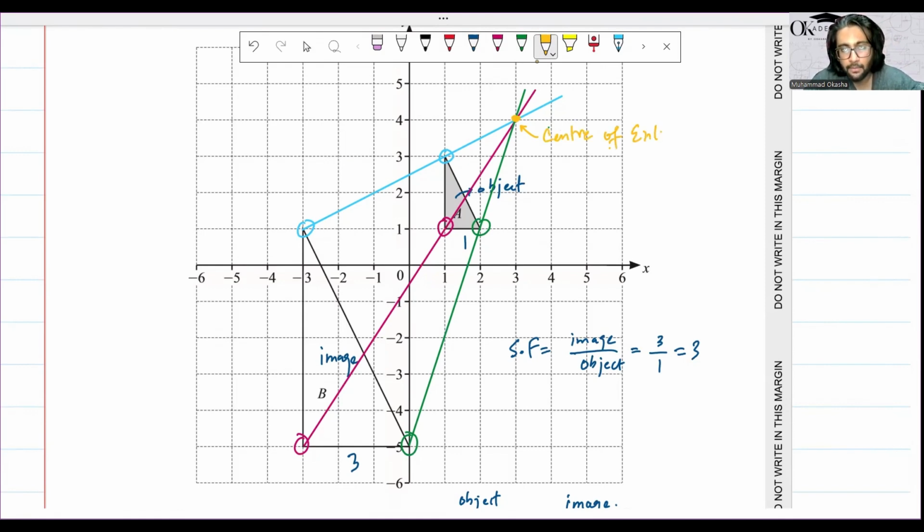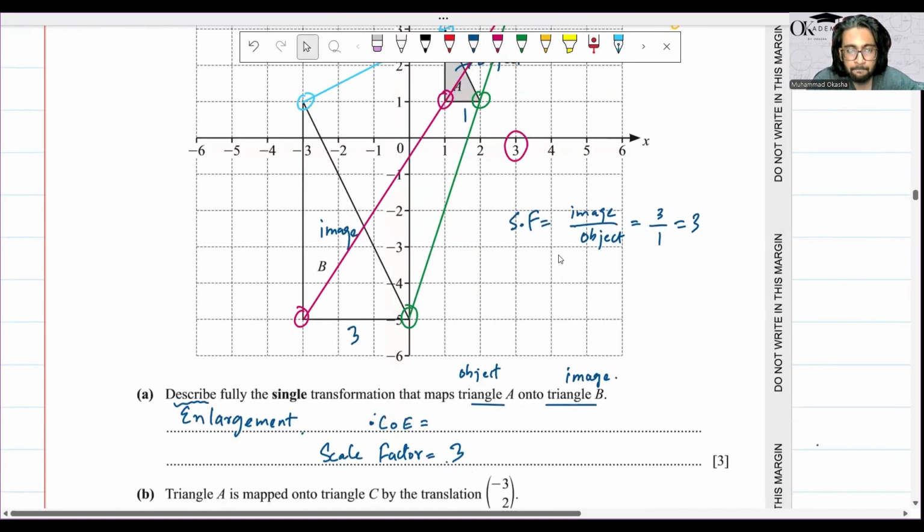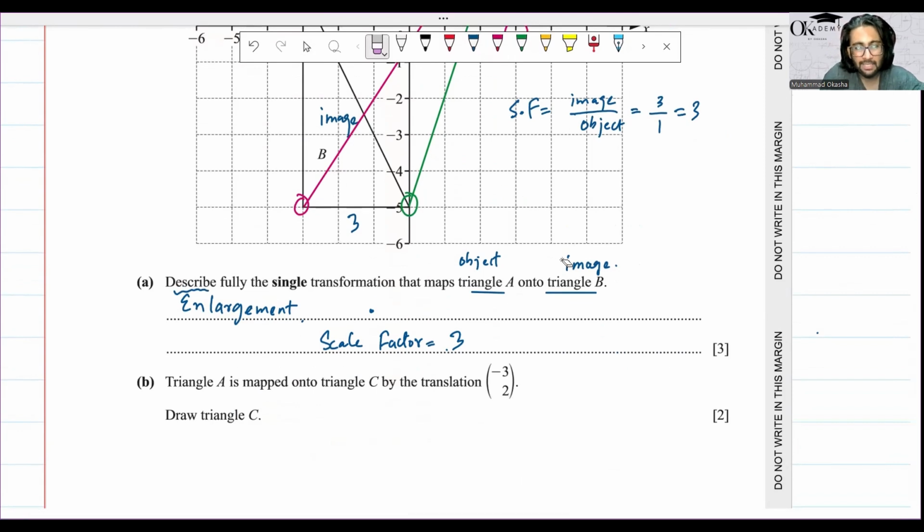Center of enlargement. And the center of enlargement, of course, is (3, 4). So this thingy is (3, 4). I will write it down over here properly: center of enlargement is equal to (3, 4), right?